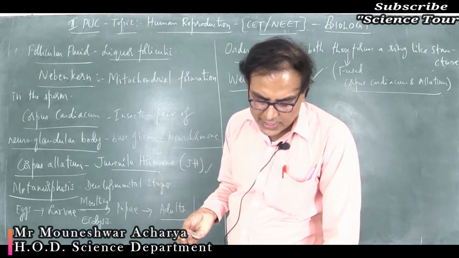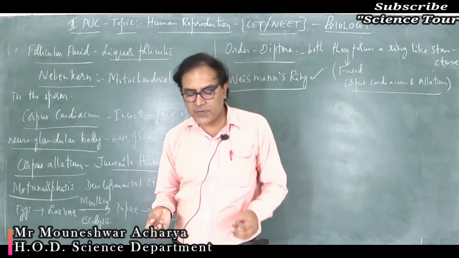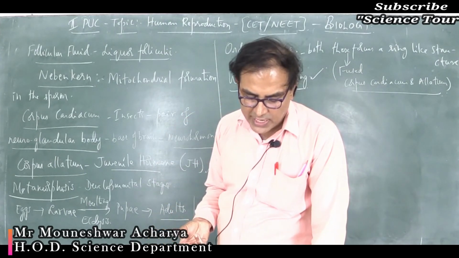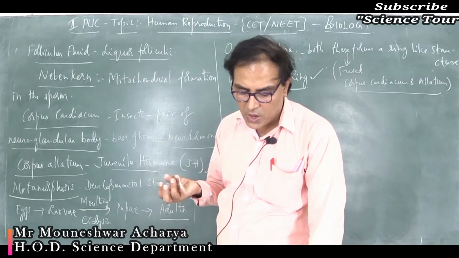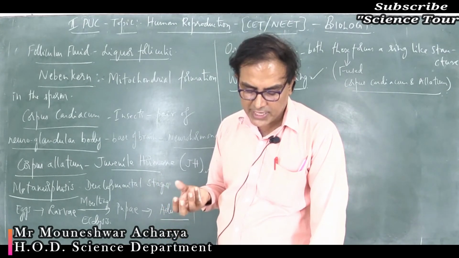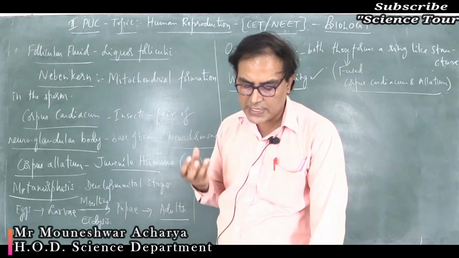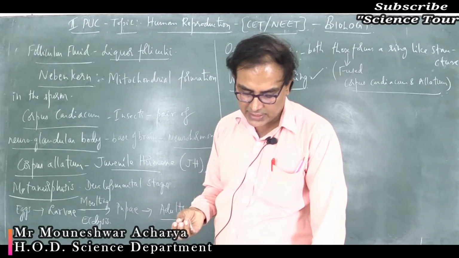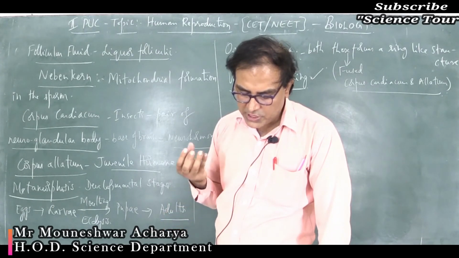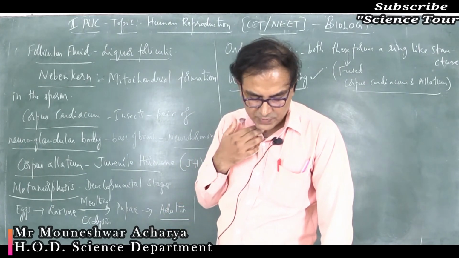Anterior pituitary gland and stimulates the secretion of LH and FSH. 3. Posterior pituitary gland and stimulates the secretion of oxytocin and FSH. Or 4. Posterior pituitary gland and stimulates the secretion of LH and relaxin. Let's come to the options. Option B or 2, just see.